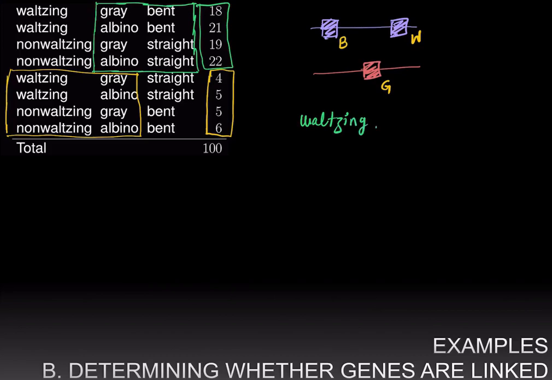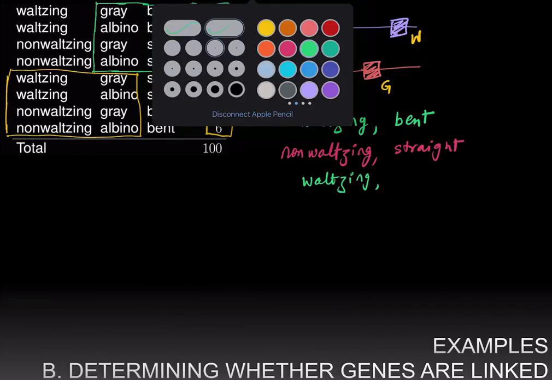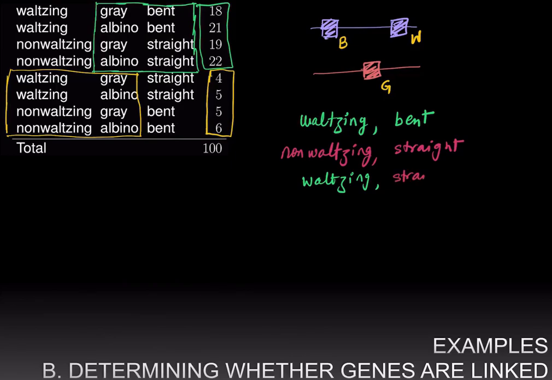We have waltzing and bent, and then we have non-waltzing and straight, we can have waltzing and straight, and finally we can have non-waltzing and bent.